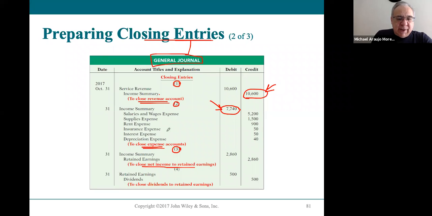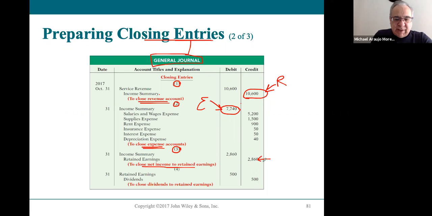Remember, your income summary account is going to look like your income statement. You have revenues of 10,600. You have expenses of 7,740. This looks exactly like the income statement for Sierra Corporation. The profit is 2,860. Well, the profit will belong in retained earnings.